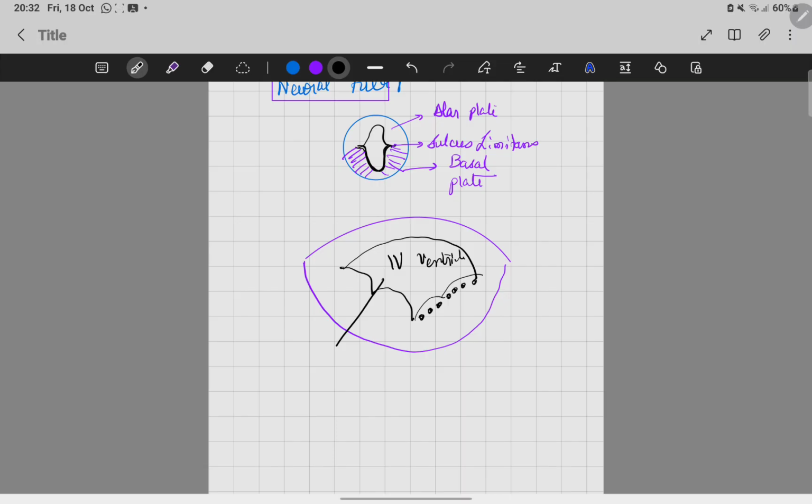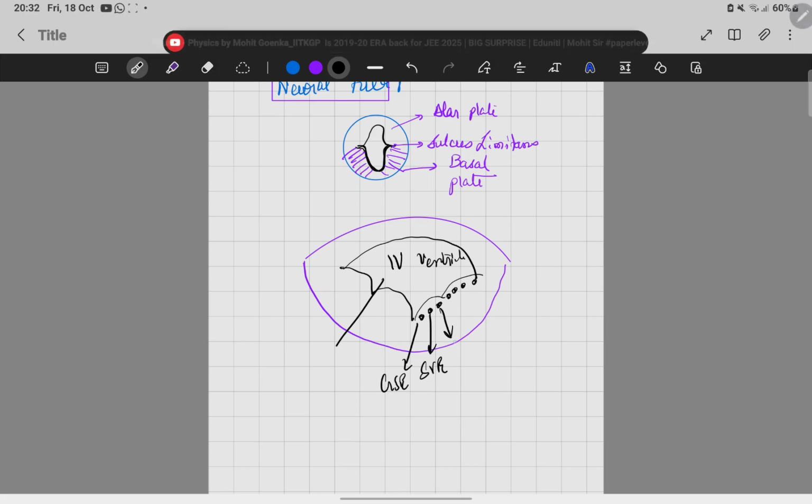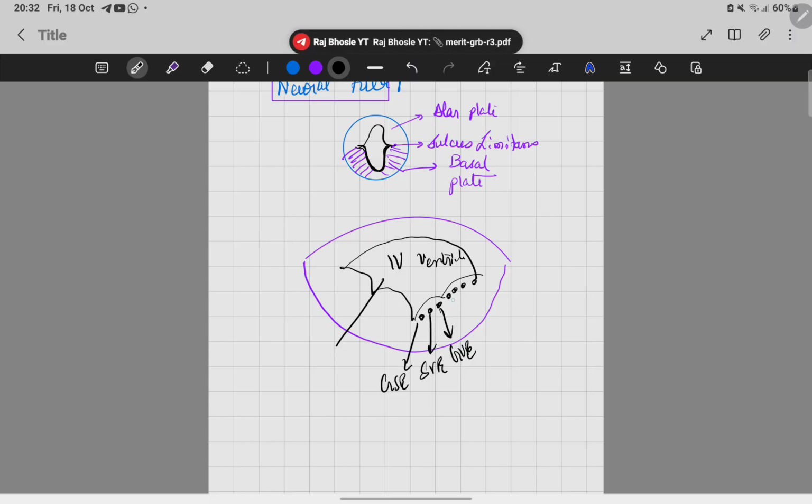Dorsal column nuclei. It is GSE, it is SVE. GSE means general somatic efferent. SVE is special visceral efferent. It is GVE, general visceral efferent.